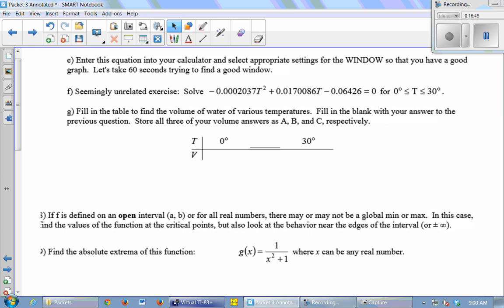Why would I take the derivative and set it equal to 0? To find the critical numbers, which is where that minimum will be located. So this is V prime.